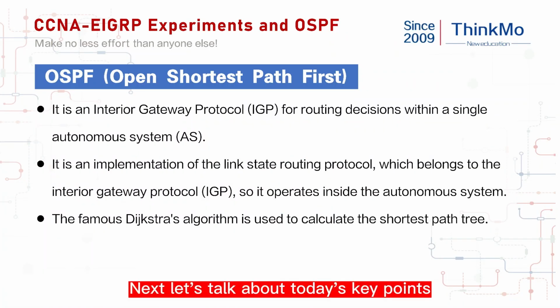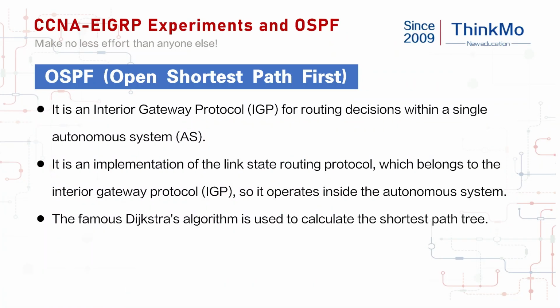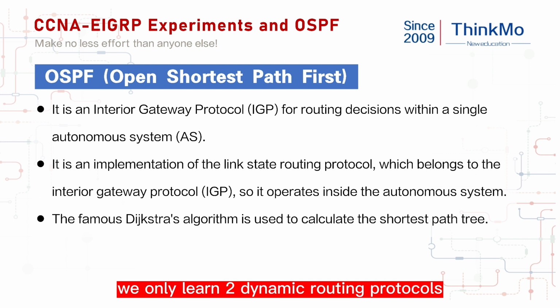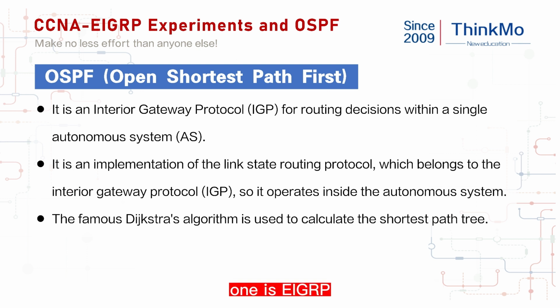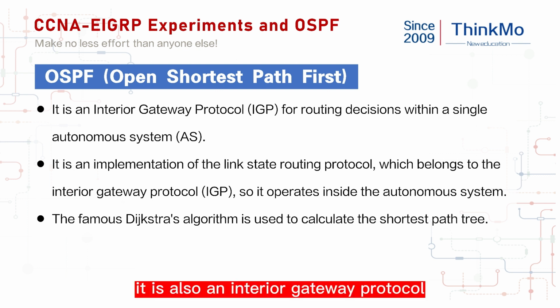Next, let's talk about today's key point: OSPF. In the NA stage, we only learn 2 dynamic routing protocols. One is EIGRP. The other is OSPF. The full name of OSPF is Open Shortest Path First. It is also an interior gateway protocol.